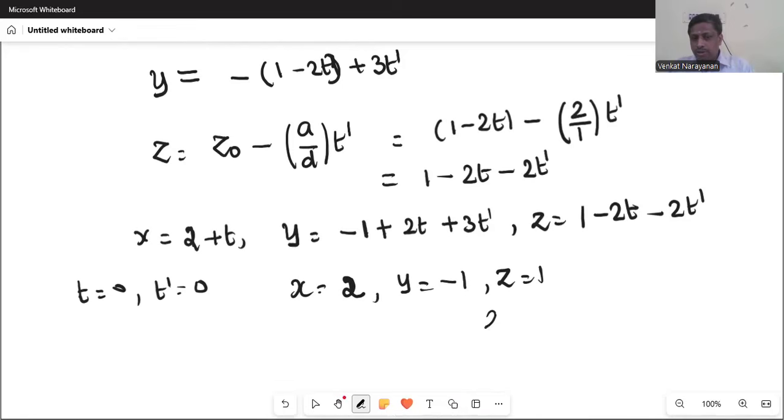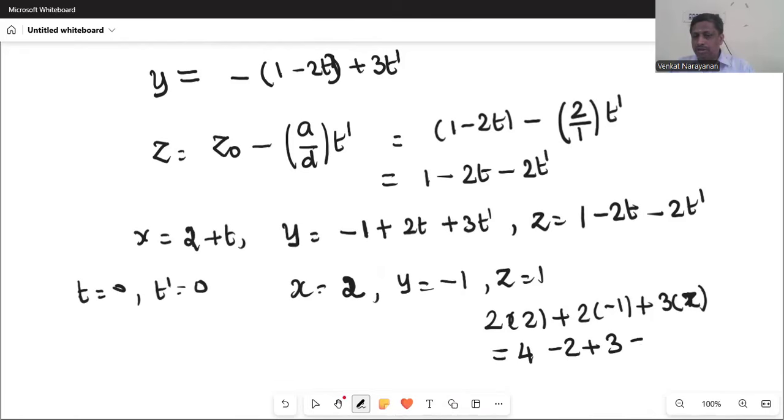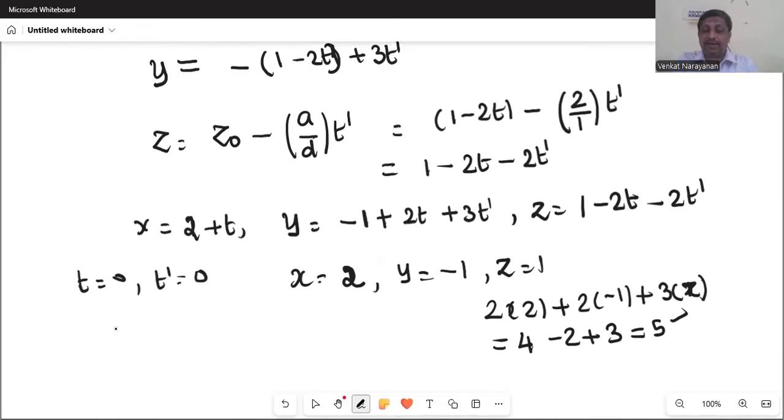The equation is 2x, so 2 times 2, plus 2y, 2 times minus 1, plus 3 times z. z is 1. So the answer is 4 minus 2 plus 3. The answer is 5. It satisfies.